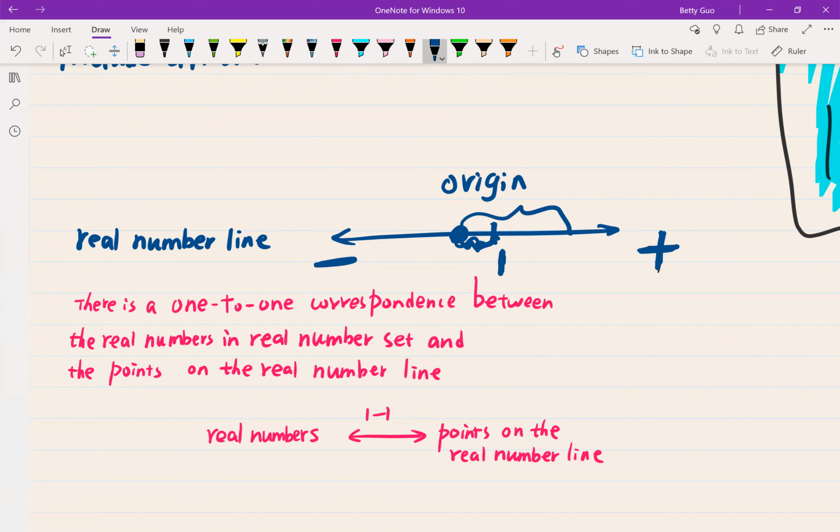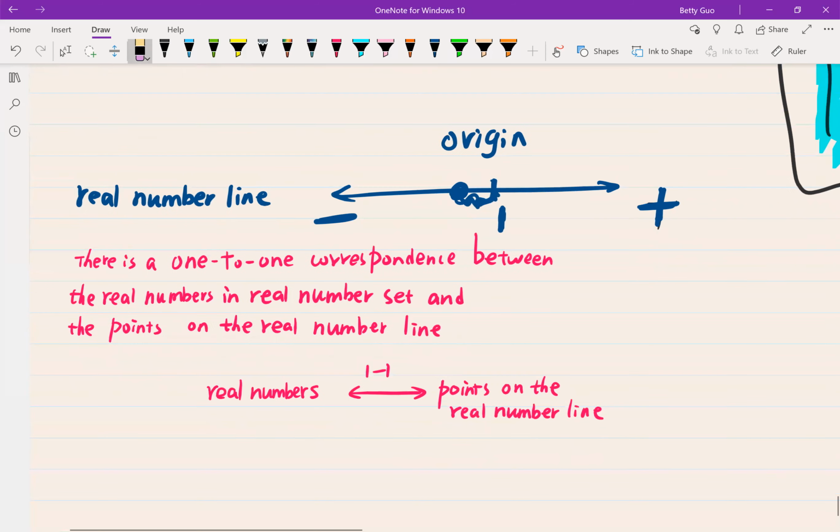So a straight line with 3 components, direction, origin, and unit, is a real number line. The real number line is the geometric significance of the real number set. So the 2 things are the same thing in different forms.